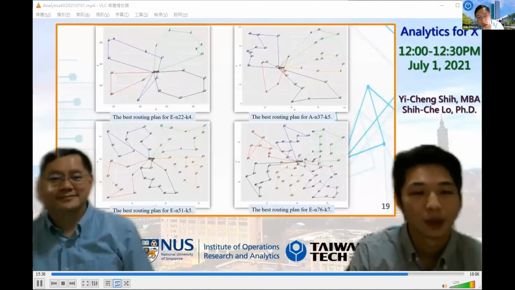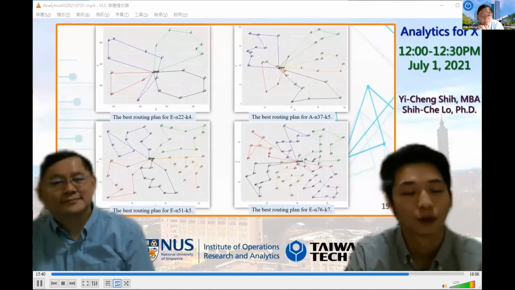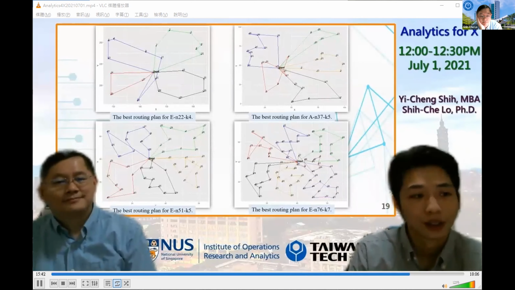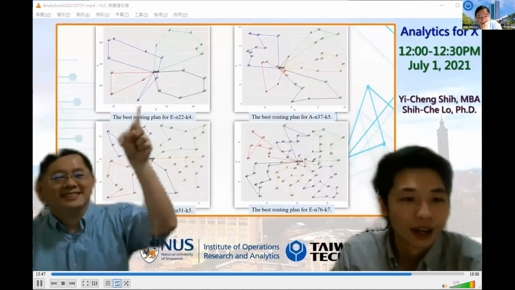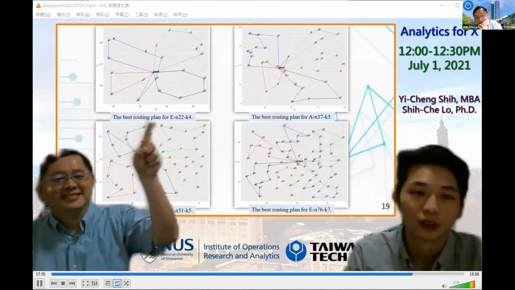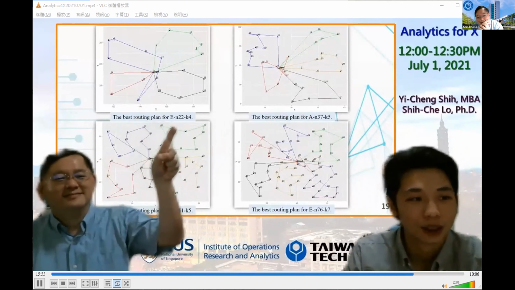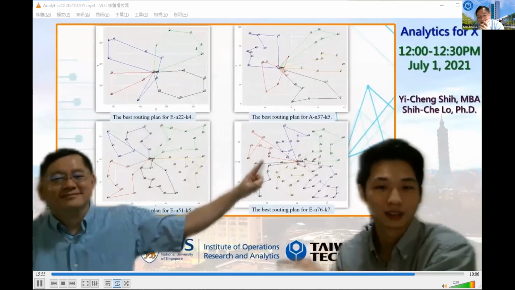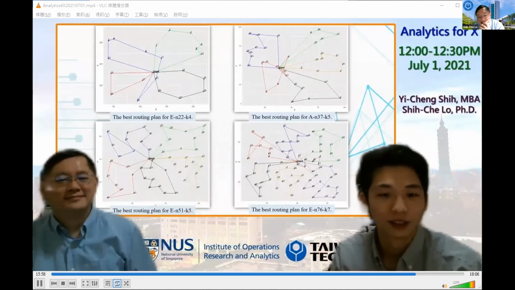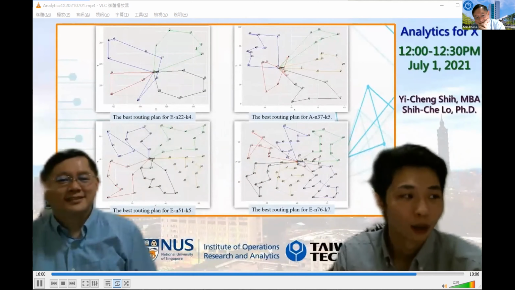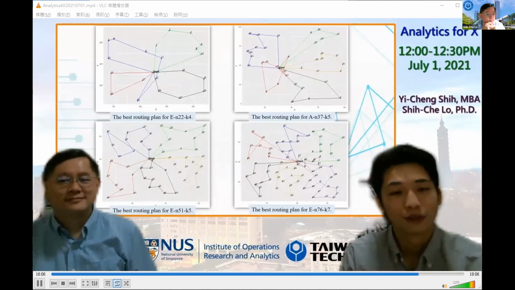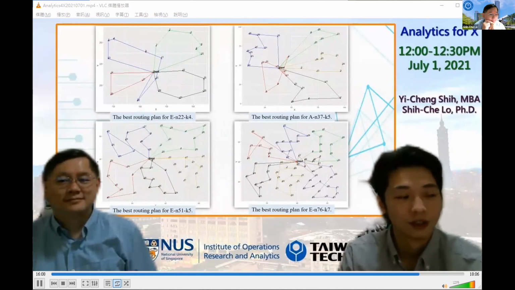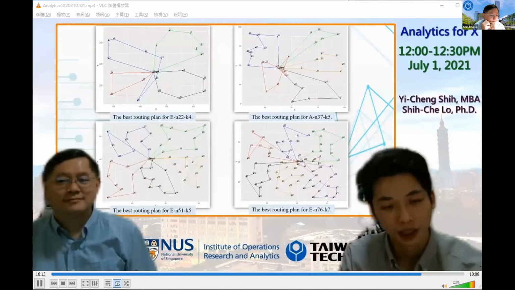And these are the best routing solutions for our model. This instance has 22 nodes and 4 vehicles. And this one has 76 nodes and 7 vehicles. We can find that the model can produce fair solution quality for small-scale problems or bigger-scale problems.